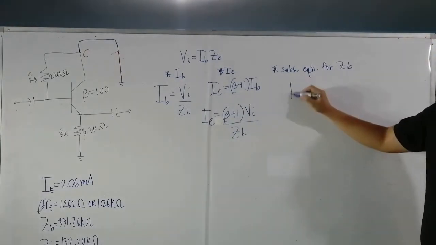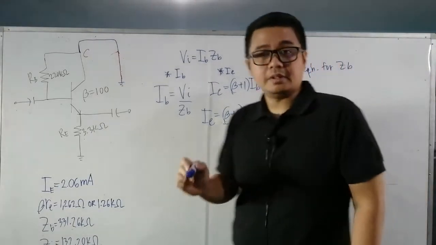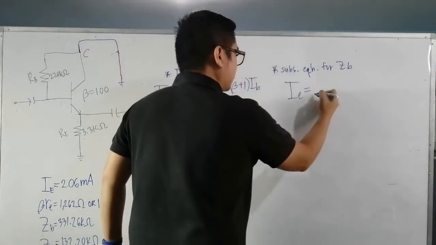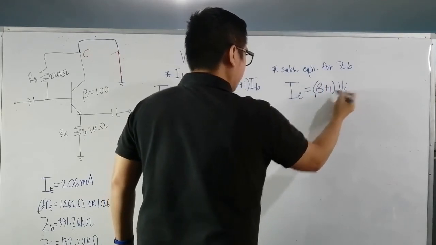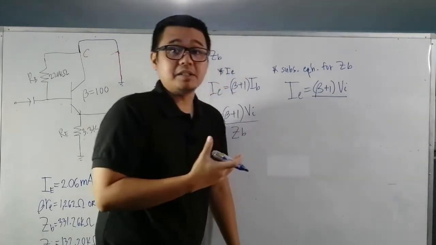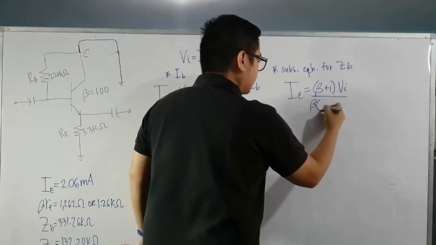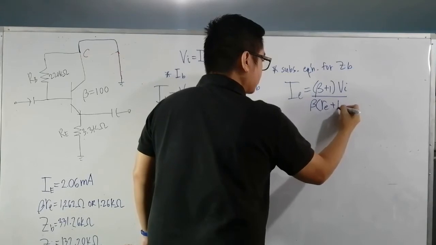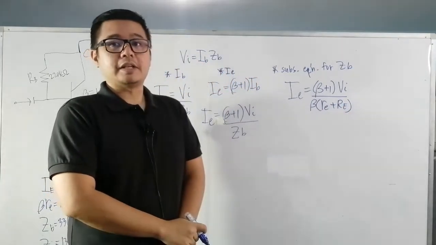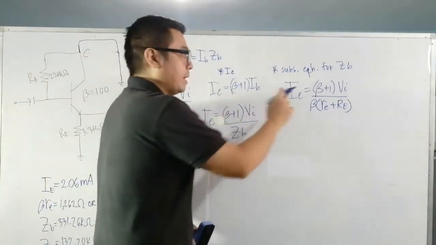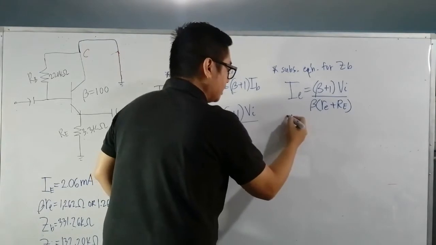So we have I sub E is equal to beta plus 1 times V sub I divided by, di ba yung Z sub B equation natin, ganito yung itsura niya, beta times r sub e plus R sub E. Okay. But since beta plus 1 can be approximated as beta, magiging ganito yung ating equation.